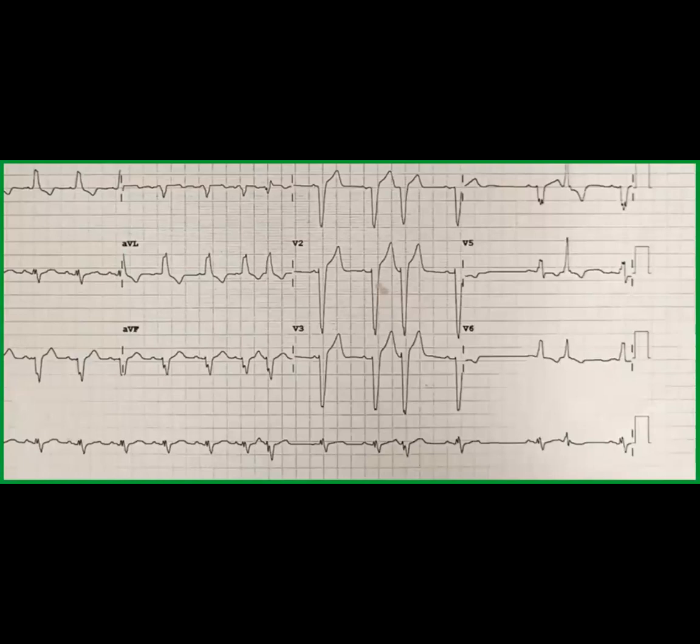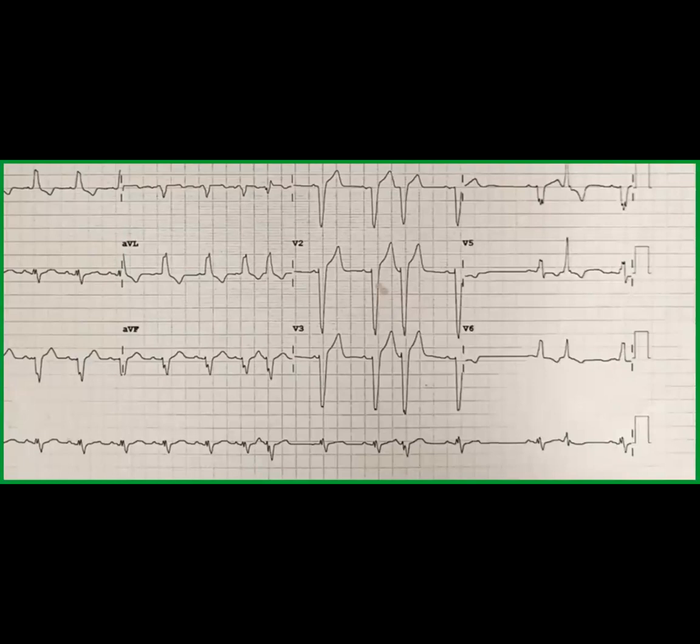It means that a QRS complex will often be associated with an ST segment, or the following wave after our QRS complex will be in the opposite direction of the QRS complex.